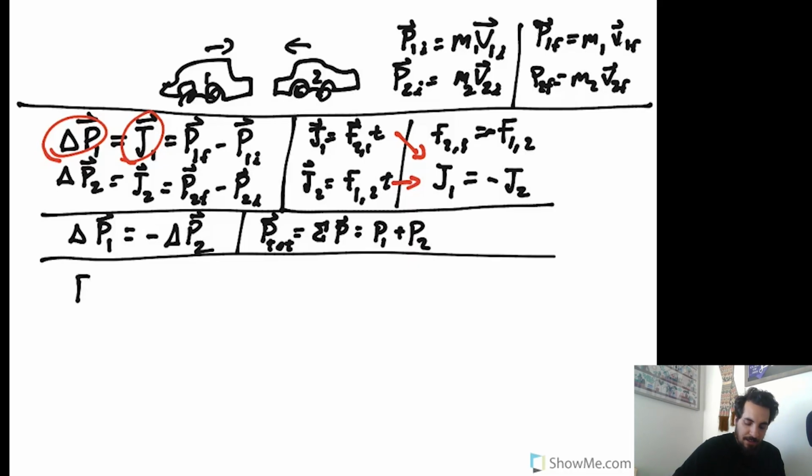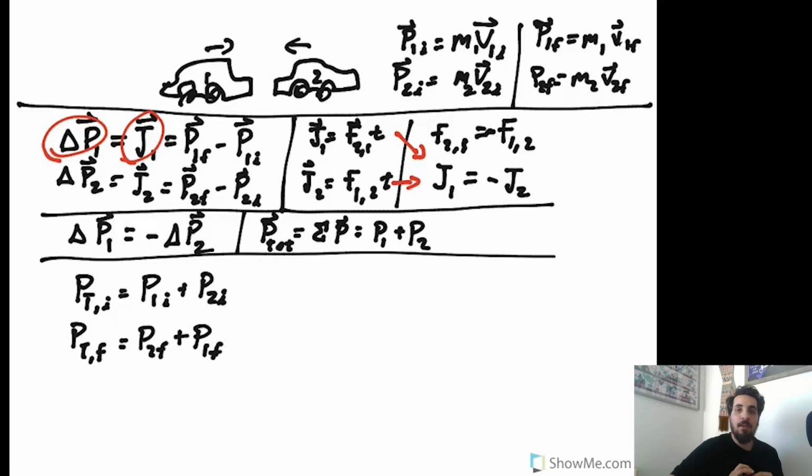We can say that P total initially is just P1 initial plus P2 initial, and we can define P total final to be P2 final plus P1 final. Doesn't matter the order we put it in, they're both going to be the same. So we have these total momenta defined by the sum of the individual momenta of our objects.